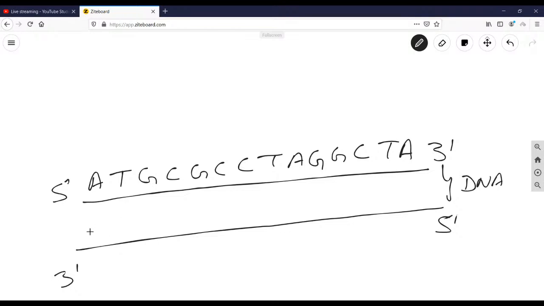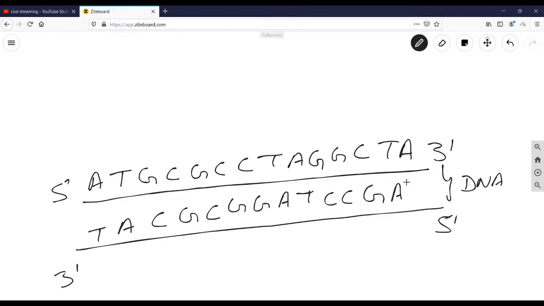Now let's make the complementary sequence. Now the mRNA that is being produced uses this strand as the template strand. Now you will ask why.